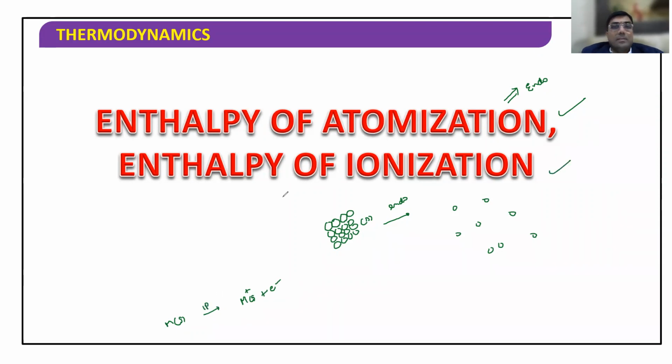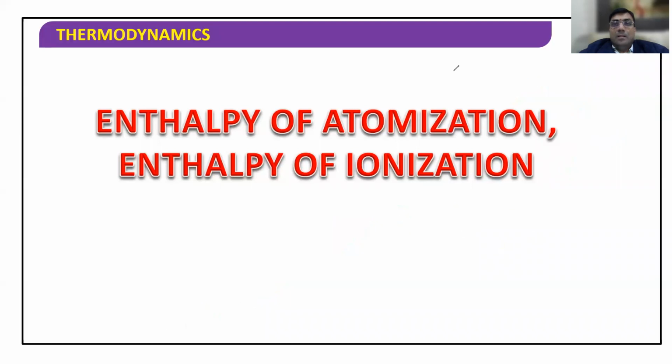Both are endothermic only. Clear or not? Yes, sir. So I hope you understood what is enthalpy of atomization. The amount of energy required to convert the metal lattice into individual atoms.